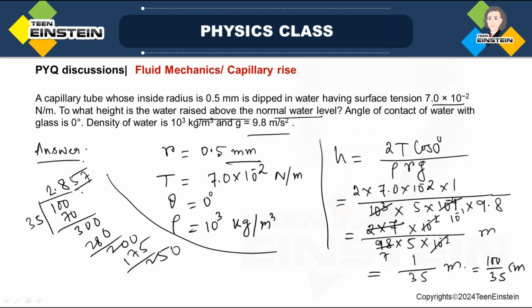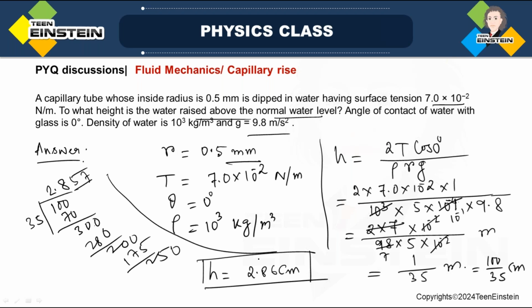Thereafter we can take an approximation up to the second decimal, so the height is becoming 2.86 centimeter inside the capillary tube. So this is the height raised.